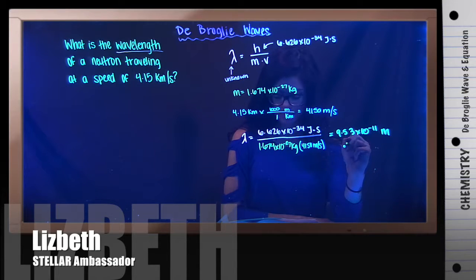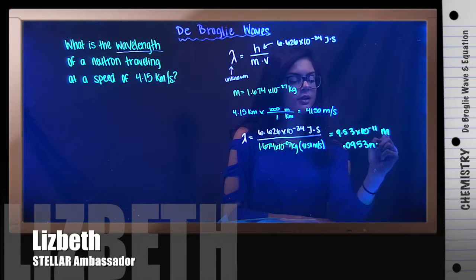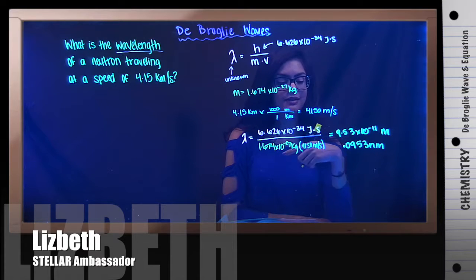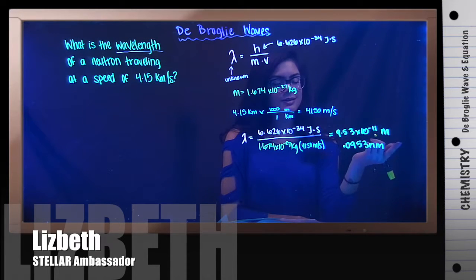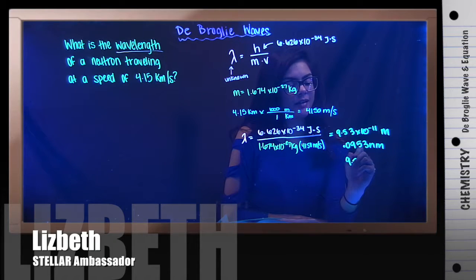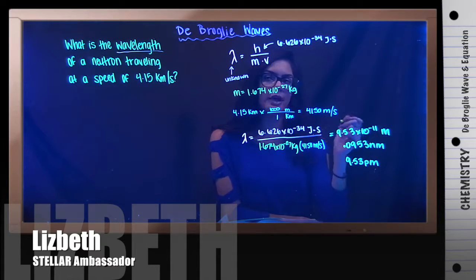So that's also going to be 0.0953 nanometers, and all I did there was multiply by 10 to the 9th. And that's still a little too small, so if I were to do picometers, it would be 9.53 picometers, which seems about right.